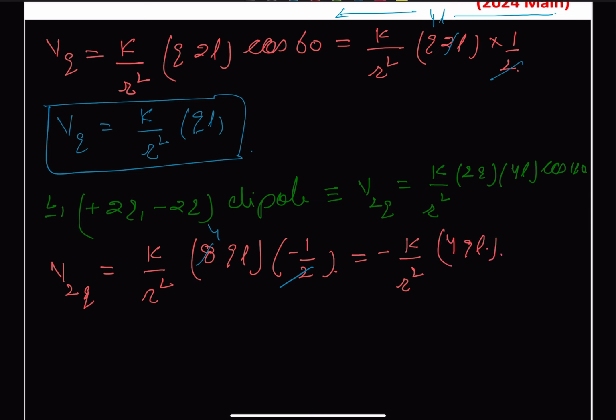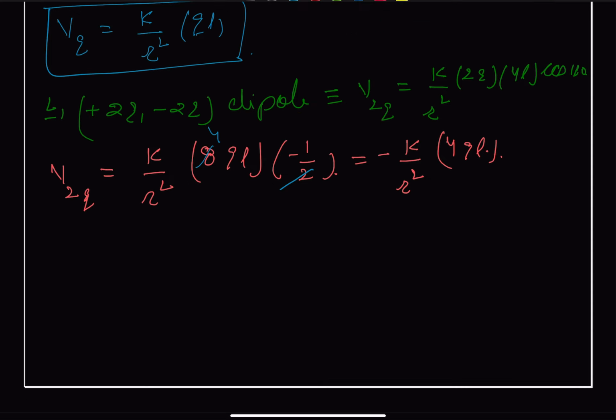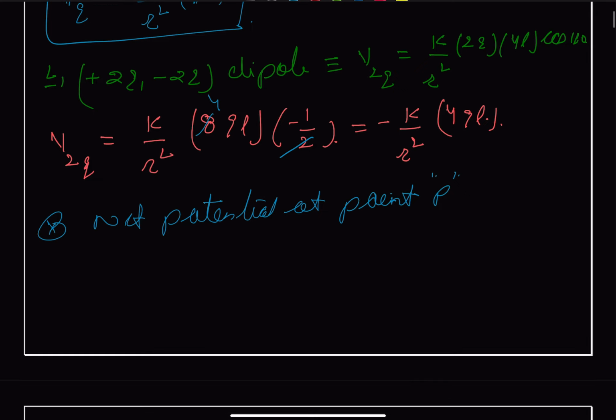Now we can just find out net potential by using the algebraic sum. So we can say net potential at point P, we call that as Vp, and that will be summation of our Vq and V2Q.